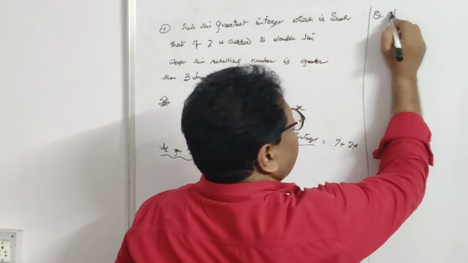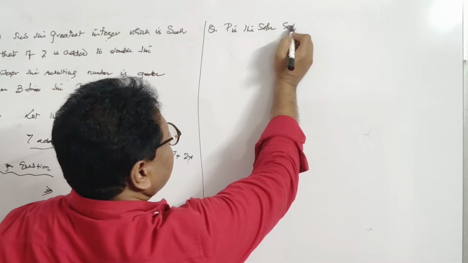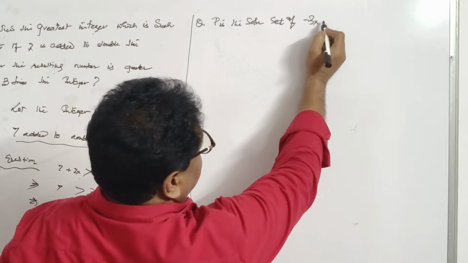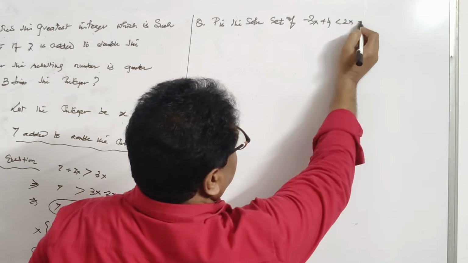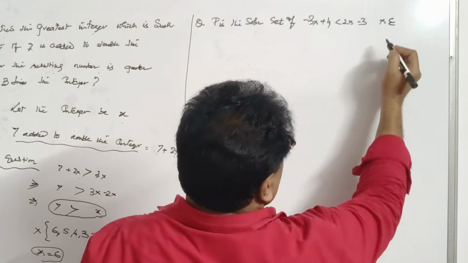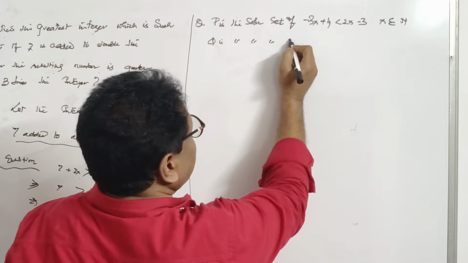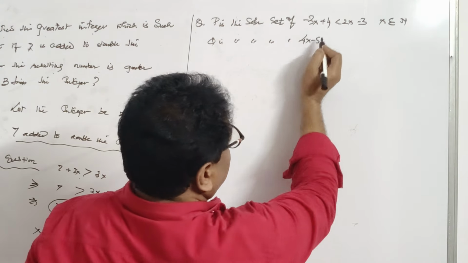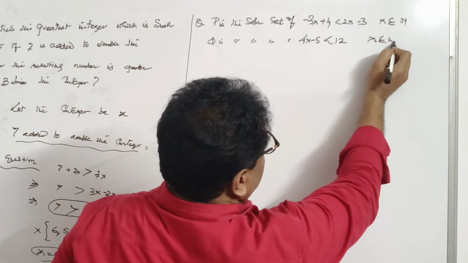Suppose P is the solution set of the statement minus 3x plus 4 less than 2x minus 3, where x belongs to the natural numbers. Then Q is the solution set of another statement, 4x minus 5 less than 12, and here x belongs to W.